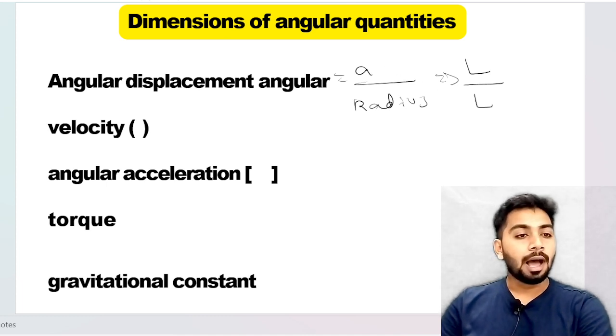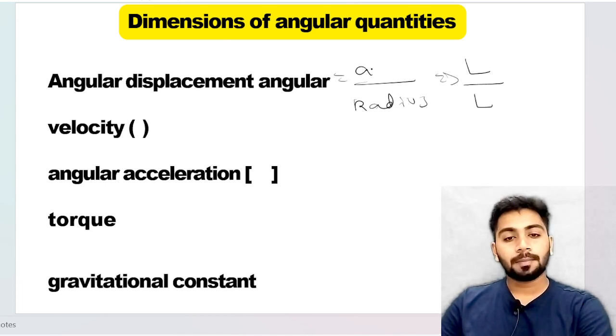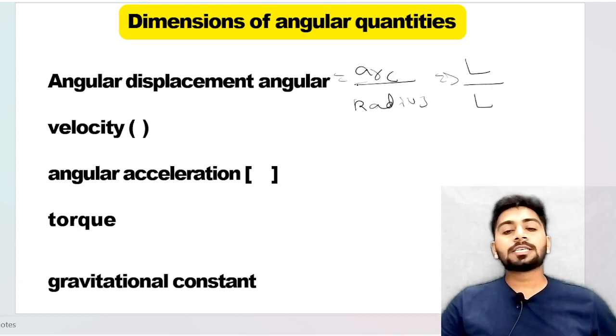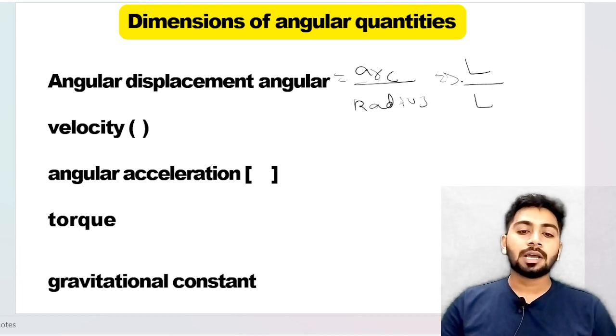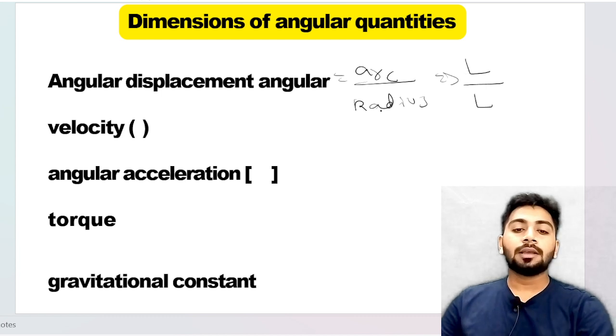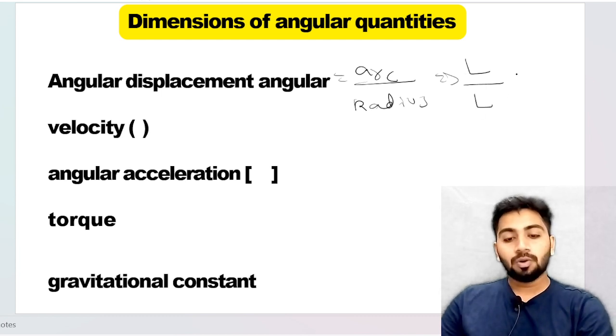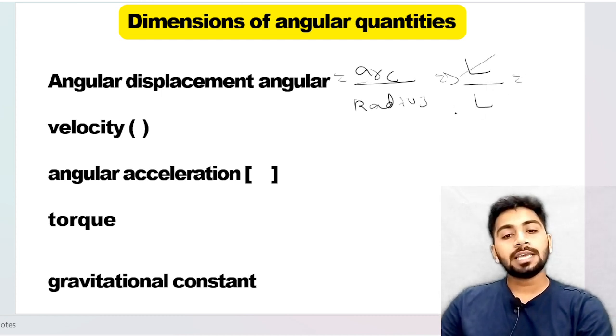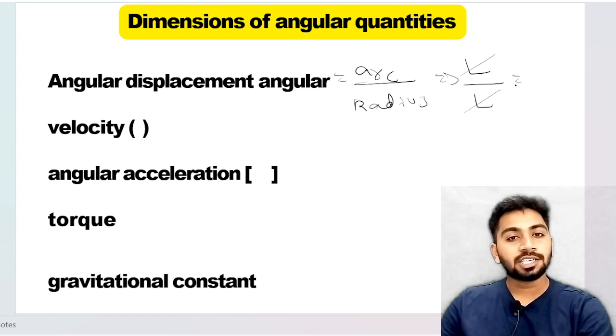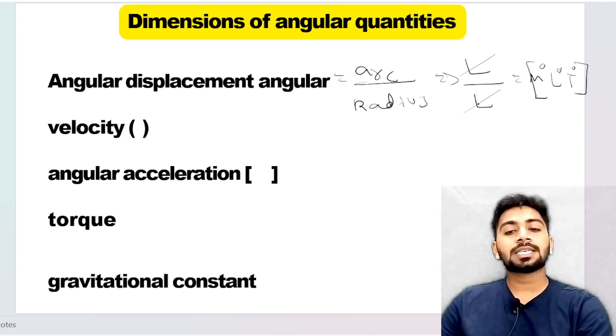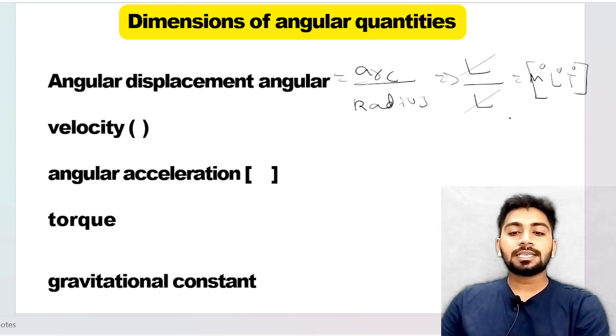Not area. Arc. Angular displacement is equal to arc by radius. Arc is measured in length, radius is measured in length. So this L cancels out, and it will be M0 L0 T0. This is a dimensionless quantity. We call it dimensionless because everything is 0.